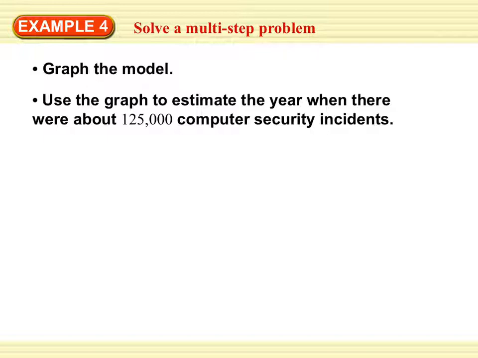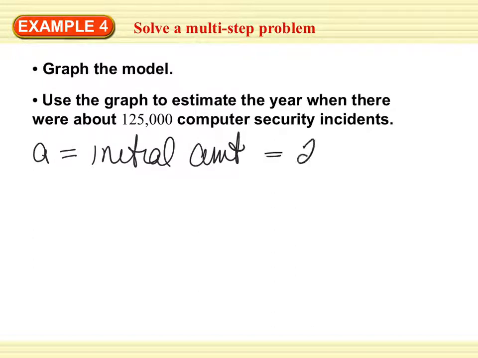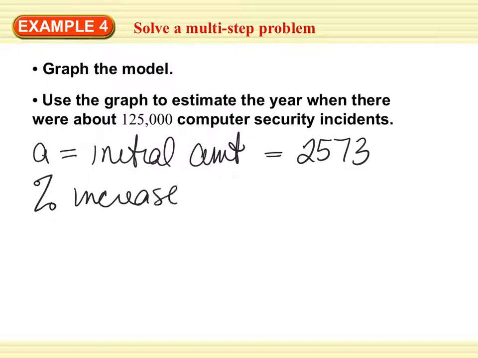So in this, we know that the initial amount, which is a, in that equation we talked about, a is my initial amount, and that is 2,573. And the percent increase in the problem, r equals 0.92. 92% goes to 0.92 as a number.